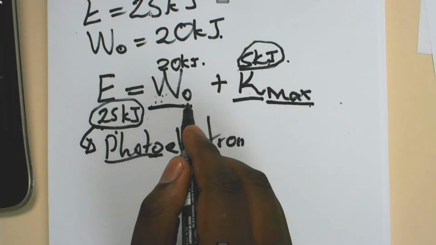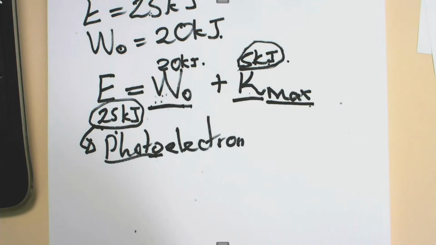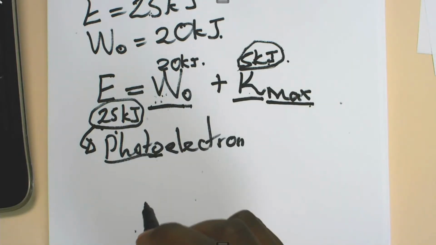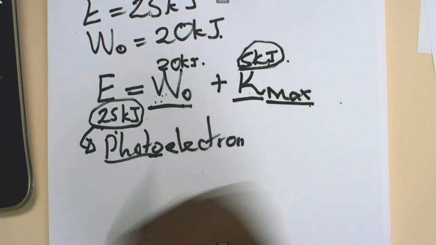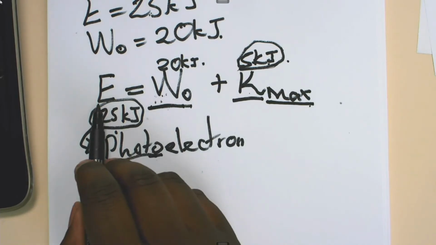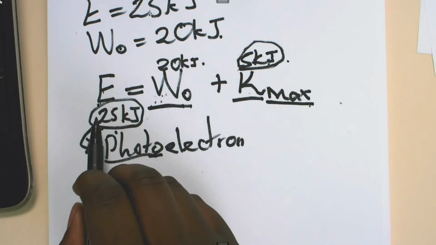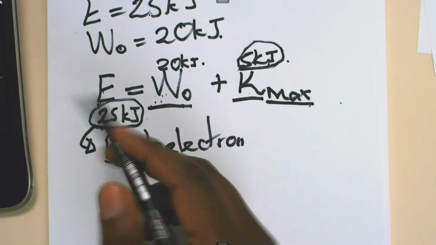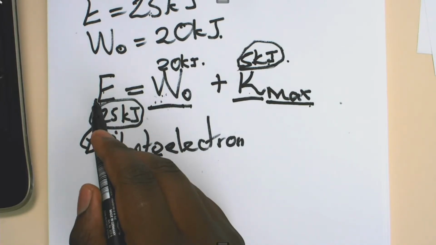And this implies that for us to have our electrons move faster, we will have to increase the energy of the photon. How do you increase, in fact, how do you change the energy of the photon?